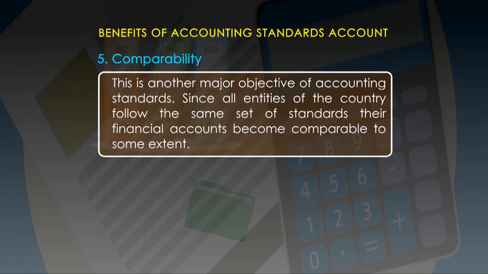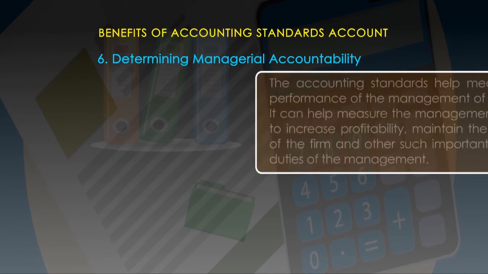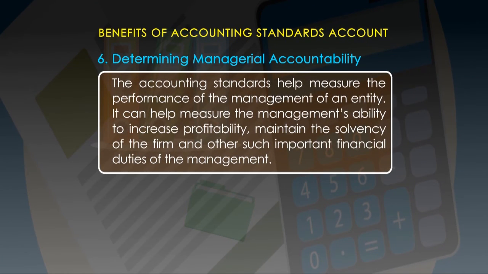Since all entities of the country follow the same set of standards, their financial accounts become comparable to some extent. Number six, determining managerial accountability. The accounting standards help measure the performance of the management of an entity. It can help measure the management's ability to increase profitability, maintain the solvency of the firm and other such important financial duties of the management.